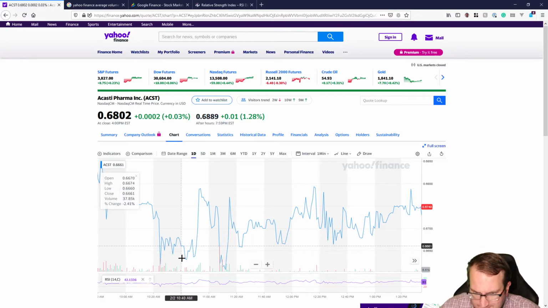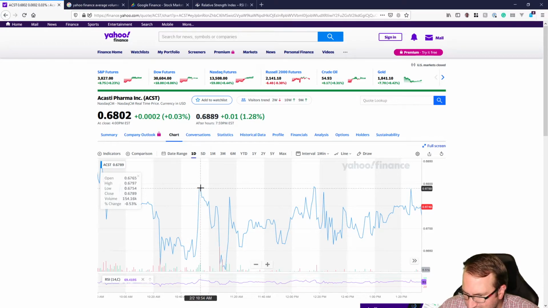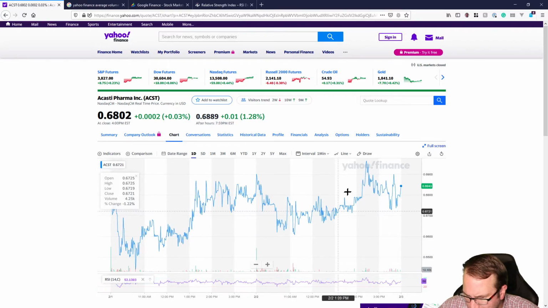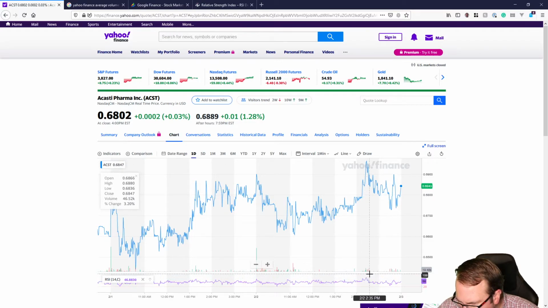On the other hand, if we look over here where this peaks, the RSI is at 69, so we're getting very close to that 80 point there. Actually, let me zoom out here, see if we can get something greater. So 70, 78.